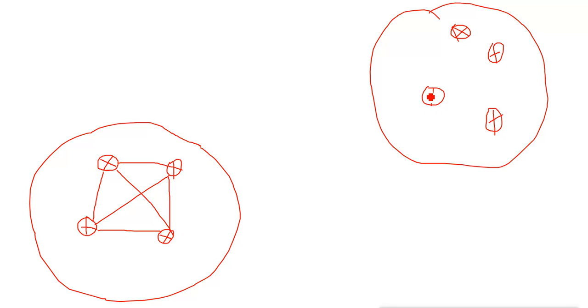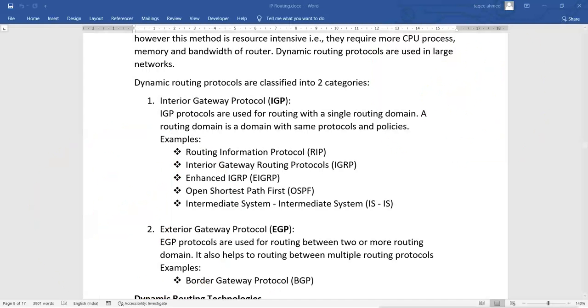So this is one domain, and this is a different domain, because the owner company is different and they are using different protocols and policies. The protocols used within a domain are considered IGP, interior gateway protocols.